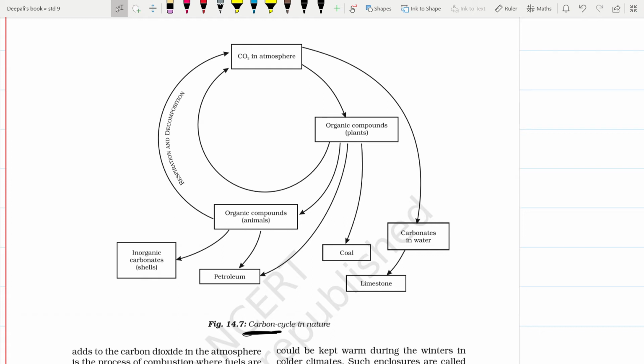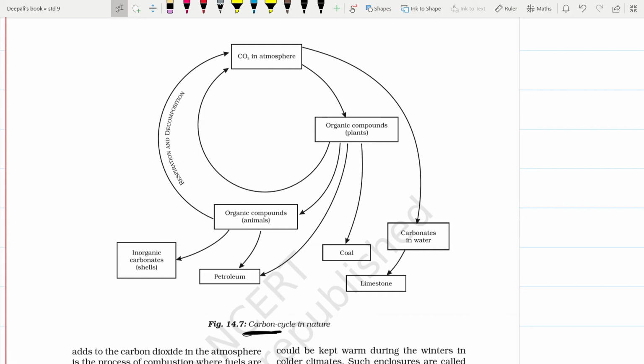These forms are then burnt and converted to carbon dioxide and go back into the atmosphere with the help of combustion or various other processes.